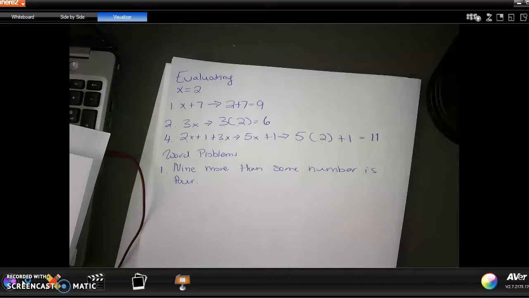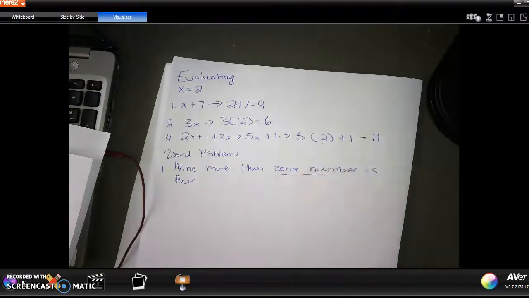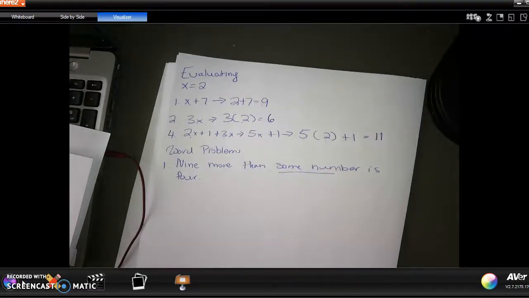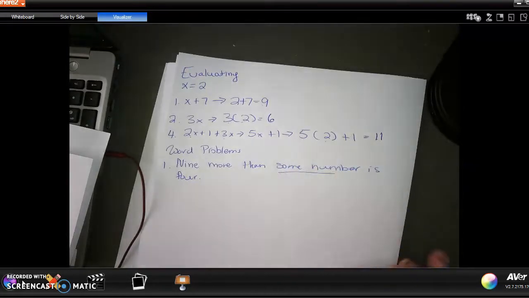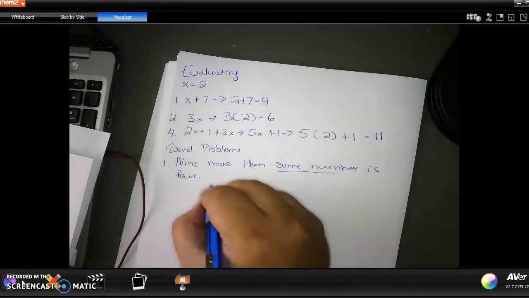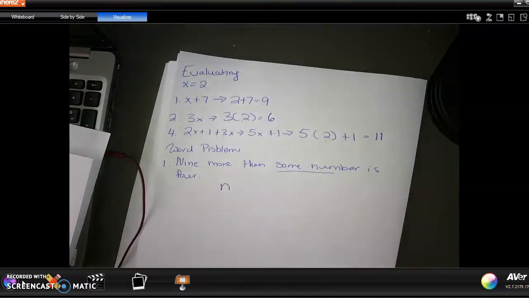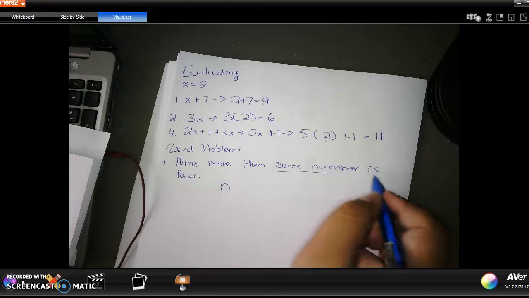So what we're doing here is we're wanting to pick out information. So I'm looking right here, and the first thing I see is some number. Some number tells me that I do not know what that number is. So that's a variable. Since it says number, I'm just going to use n as my variable. Okay? And then it says is 4.